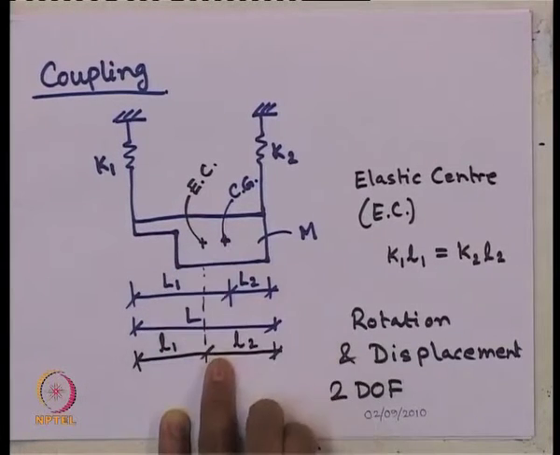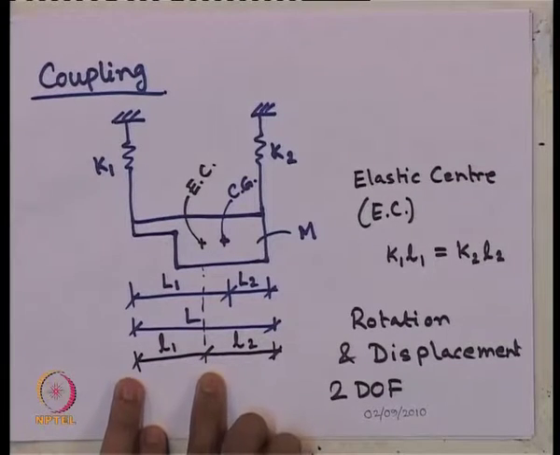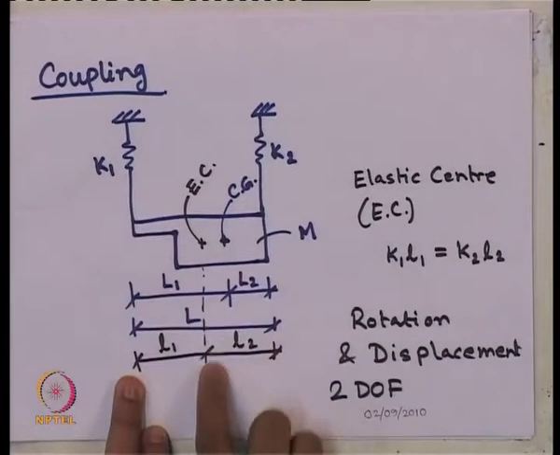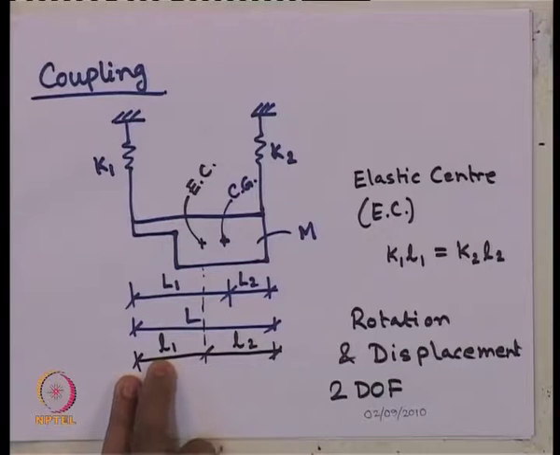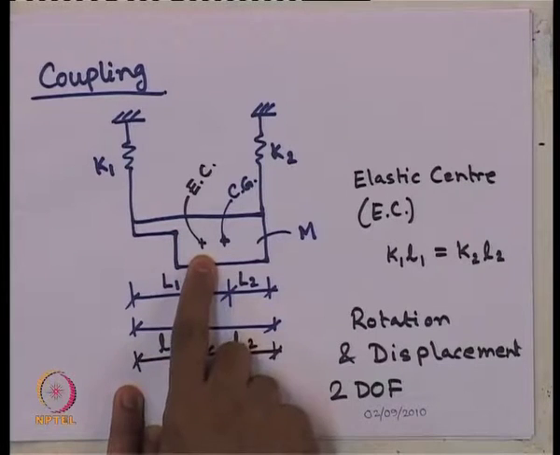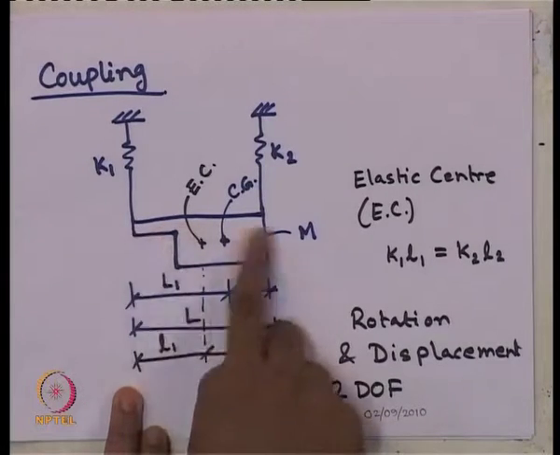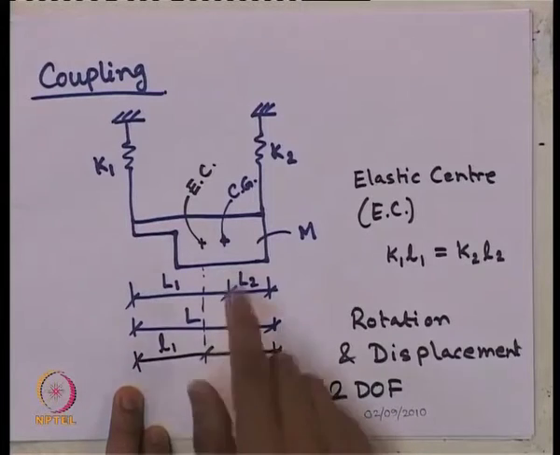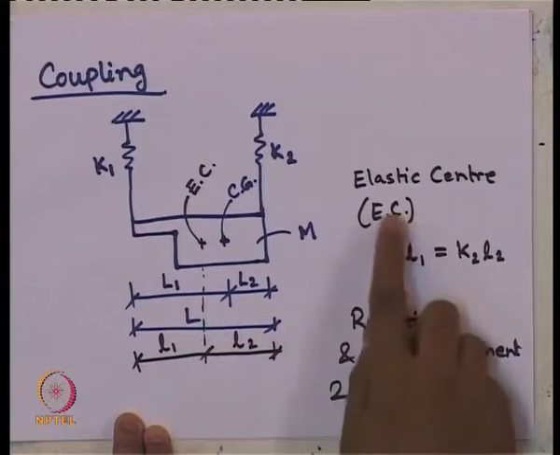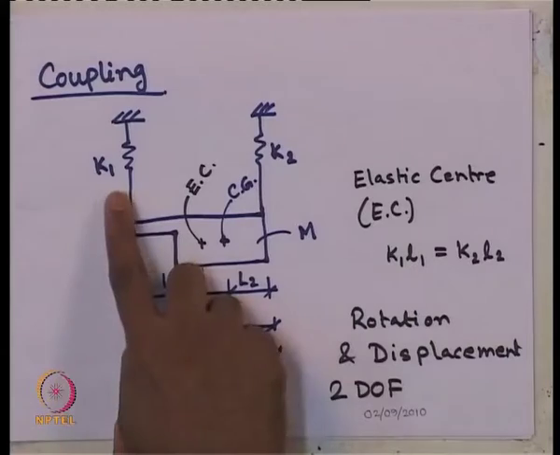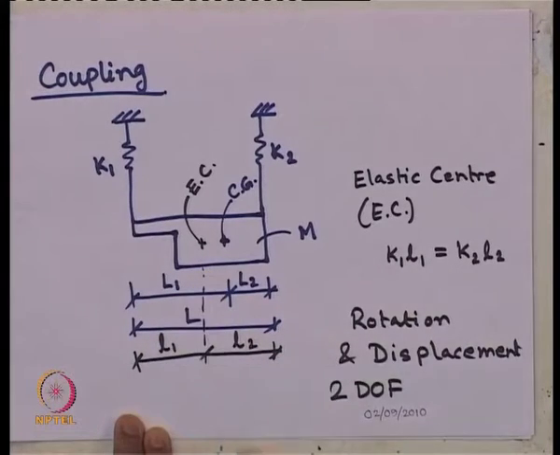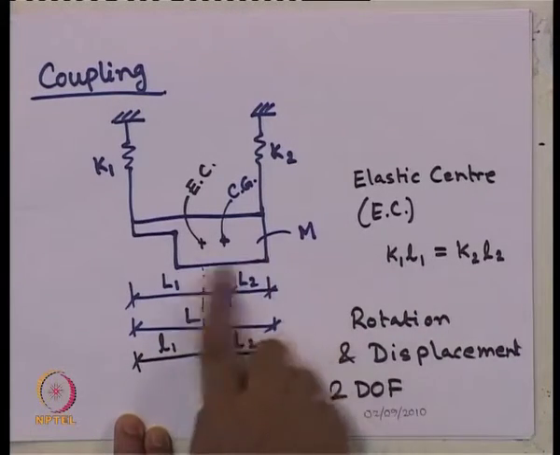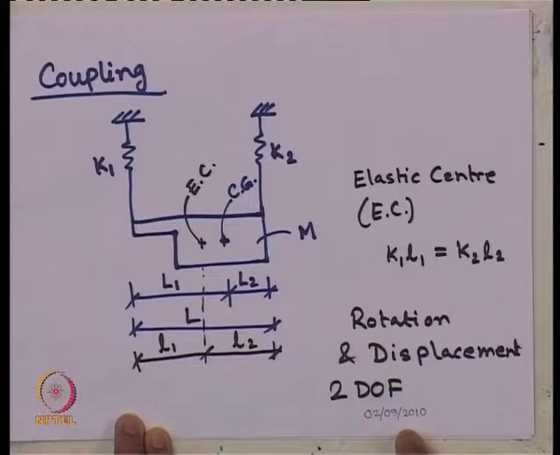How elastic center is defined? The distance from the two ends where the springs are connected, if the distances are L1 and L2 from this elastic center to the corresponding springs connected to the beam, then elastic center is defined as K1 times this distance L1 should be equals to K2 times this distance L2.